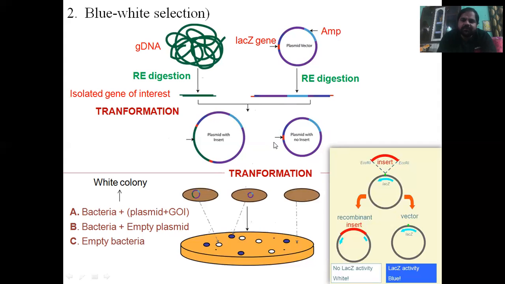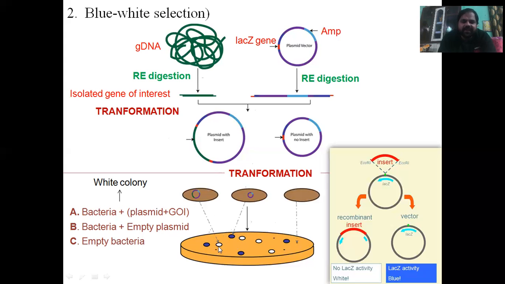So it will continuously produce beta galactosidase. Now this beta galactosidase will react with X-gal, which is the substrate, and we have already employed this X-gal on this plate. So the colonies of bacteria which have empty plasmid will grow in blue color.